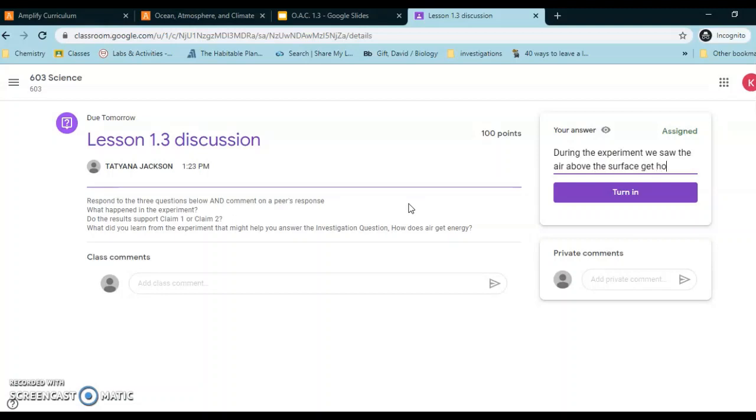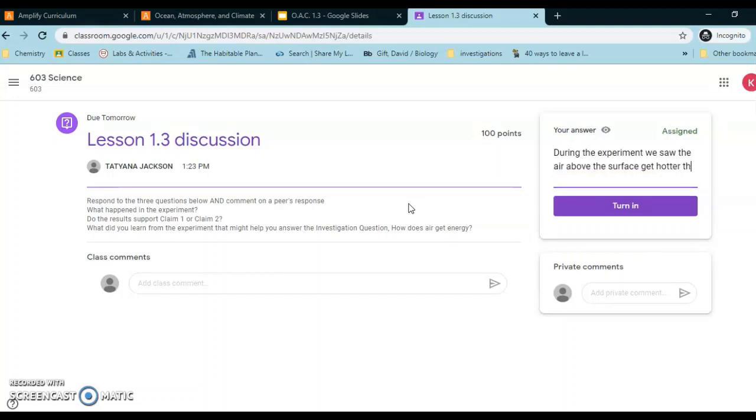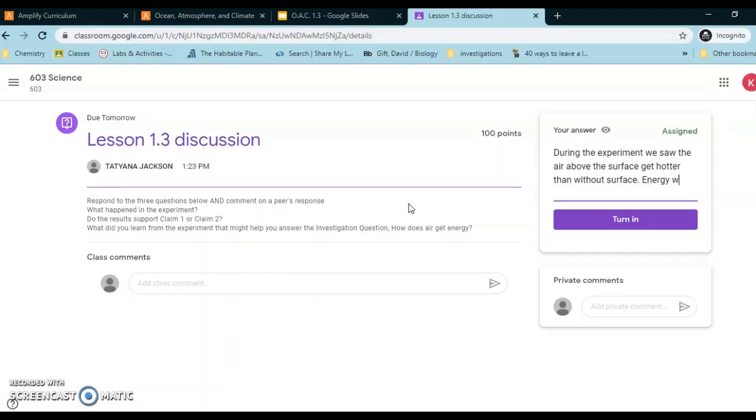Get hotter than without surface, right? And we know that that means that more energy was transferred. So energy was transferred. And where did the energy transfer from?